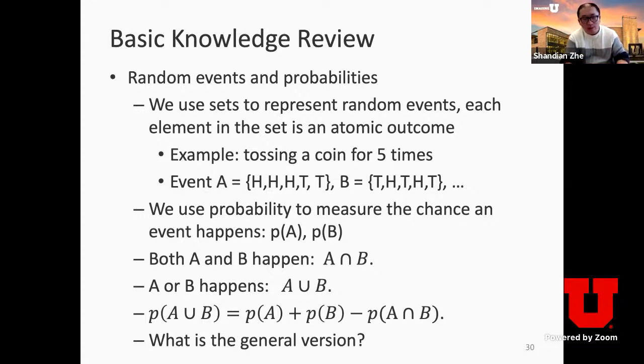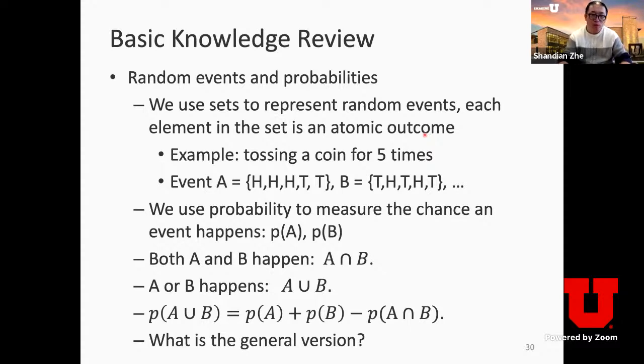We'll first look at the definition of random events and probabilities. Randomness is ubiquitous in the real world, but mathematically speaking, how can we define random events? We use sets to represent random events, where each element in the set represents an atomic outcome of your random experiment.